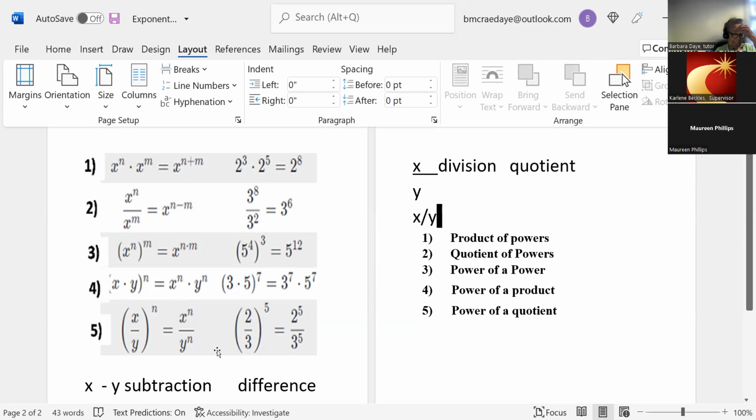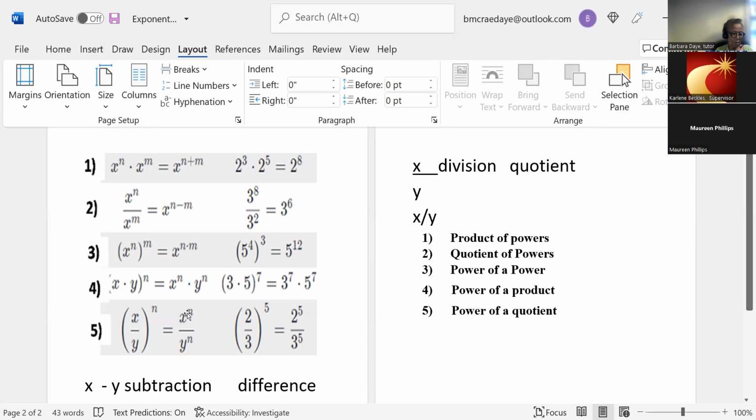And what's that equal to, Maureen? From this table of properties, what is X over Y raised to the N equal to? Just read it off here. X to the Y. No, right here. Equal.